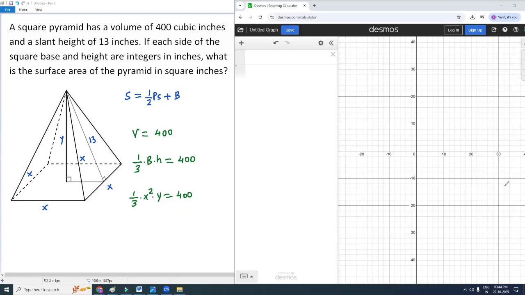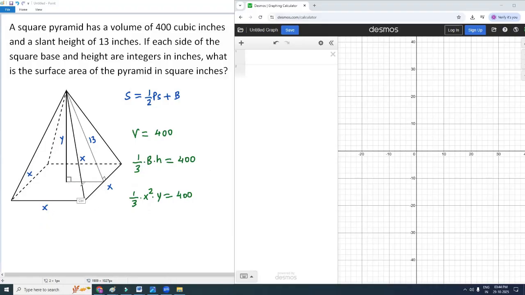Now let's consider the right triangle we have here. In this right triangle, the slant height is the hypotenuse because it is opposite to the right angle, and the other two sides are the two legs. To get the length of this leg, we consider half of the length of the side of the square, that is half of x.